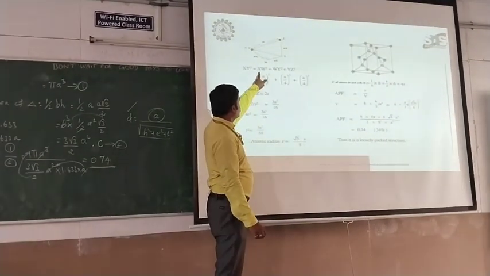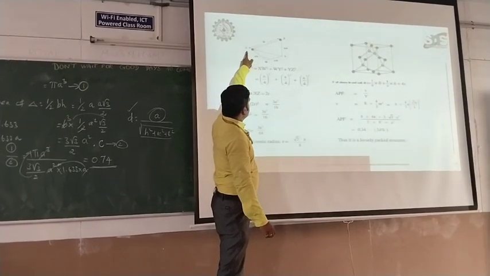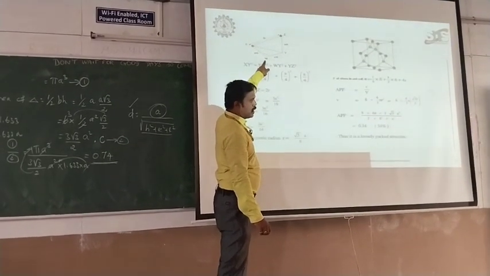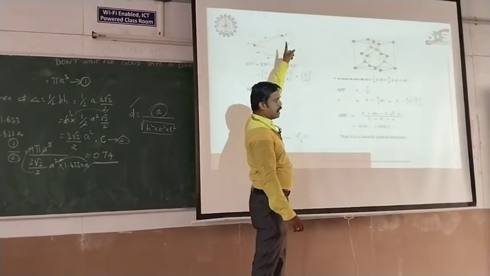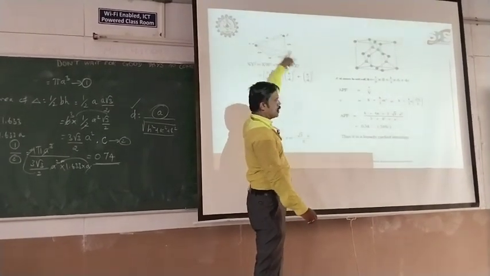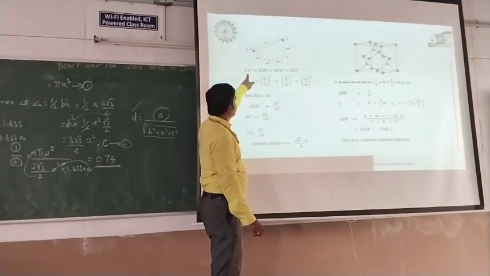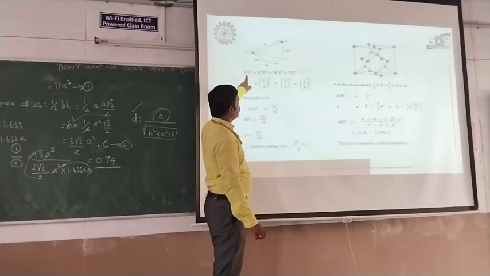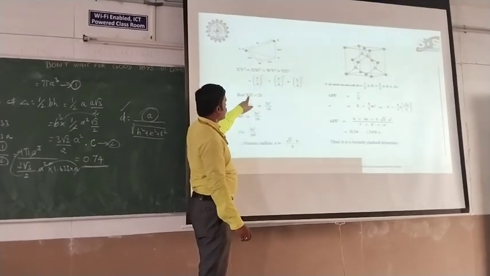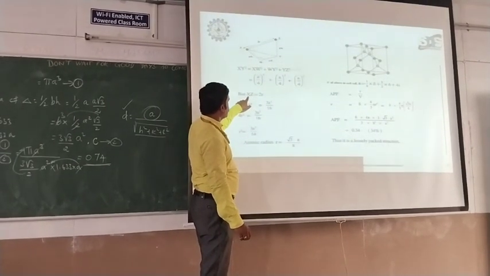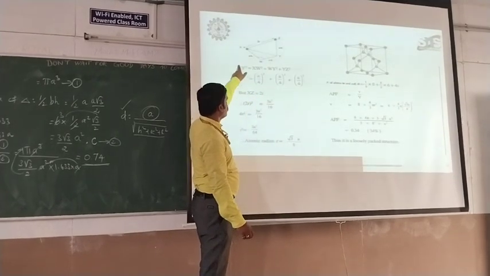So we know that XW then WY plus YZ is equal to XZ. Sorry, XY. So A by 4 times root 3 is XZ. What is XZ? It is equal to 2R. Here is a mistake.